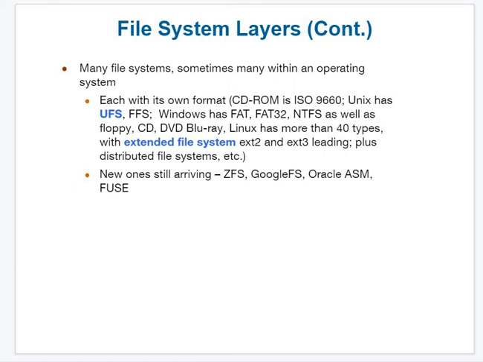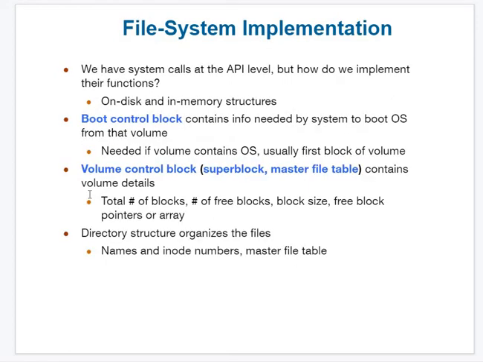Okay, so these are some examples of how different OS use different layers of file structure. Google file structure is there, Oracle assembler structure is there, Fuse is there. These are all different types of file systems.